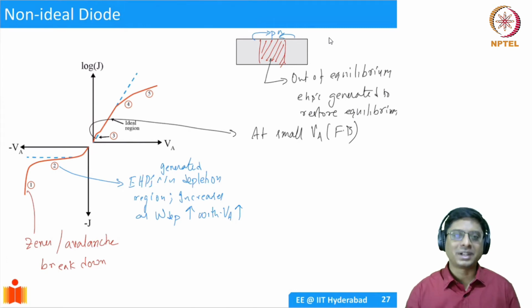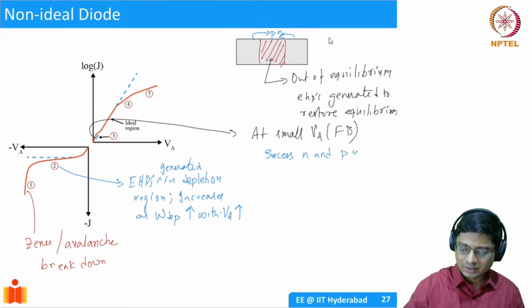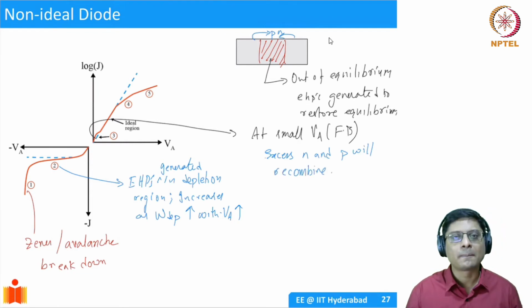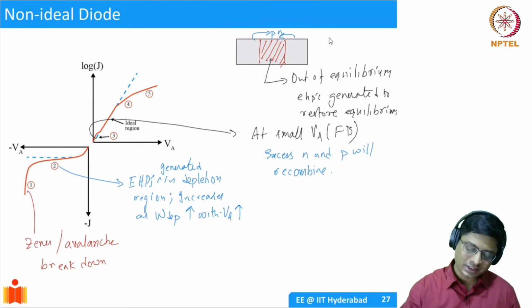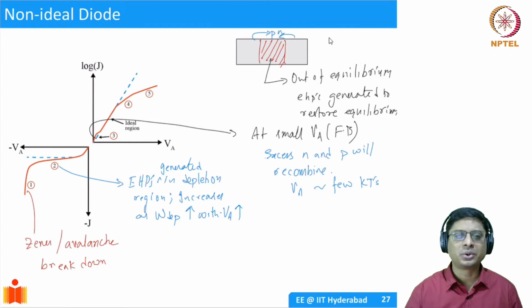So they're going to recombine. Excess electrons, excess n and p will recombine. But this effect is not very significant. It occurs at very, very small applied voltages of the order of a few kT.